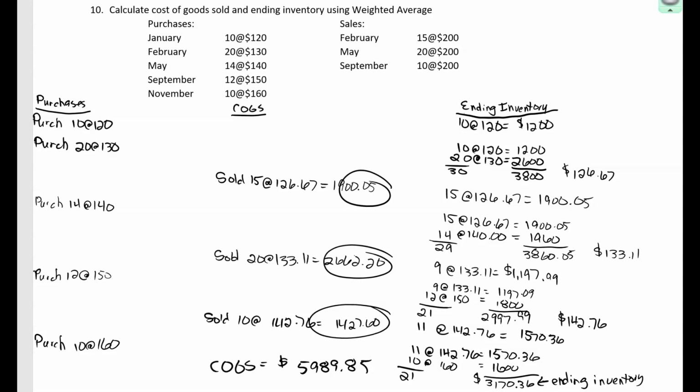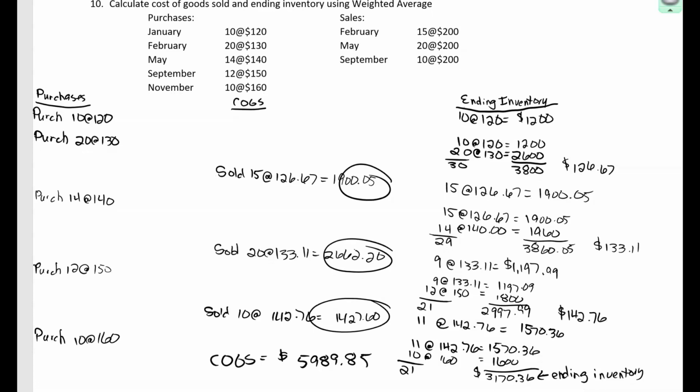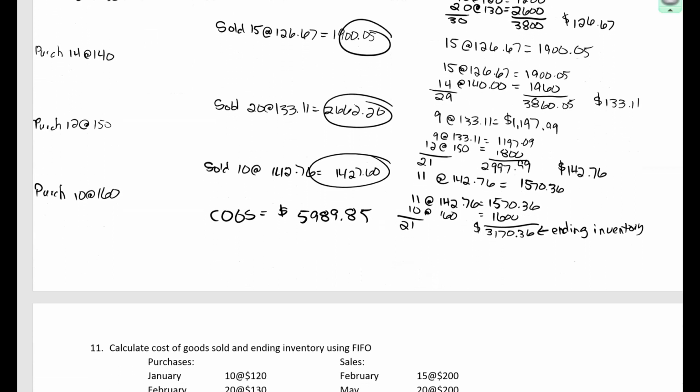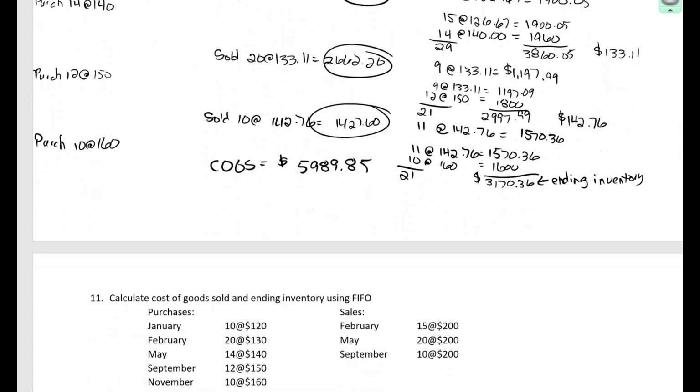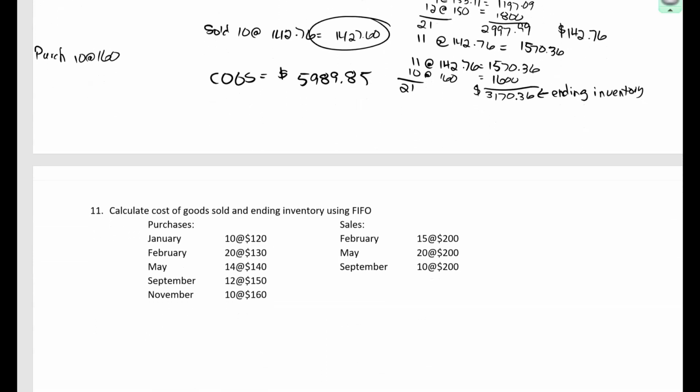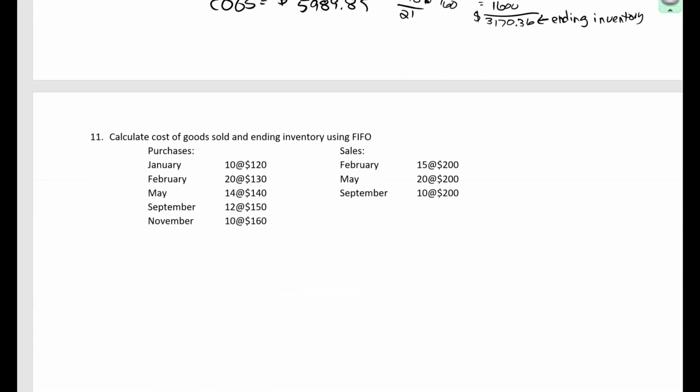Okay, now we have two more left to do for the inventory, and that is LIFO and FIFO. And we will do FIFO first. Can't go too fast, otherwise it gets away from me, sorry.